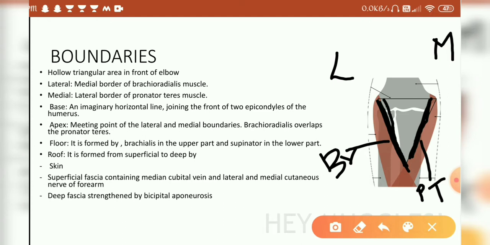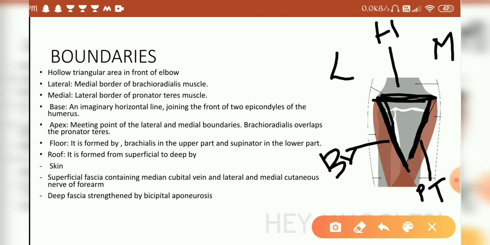The base is formed by an imaginary horizontal line which joins the two epicondyles of humerus, right? This is your humerus bone, and this is the imaginary line which is formed by joining the two epicondyles of humerus, the lateral and medial epicondyle, and that imaginary line forms the base of your cubital fossa.